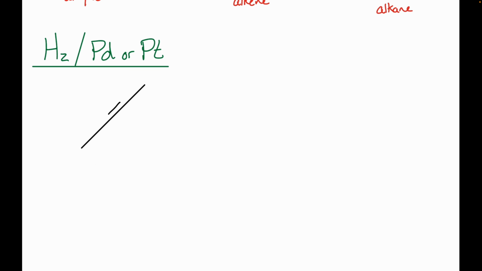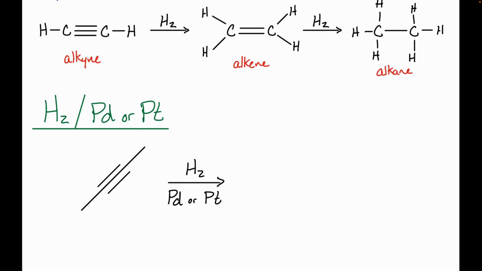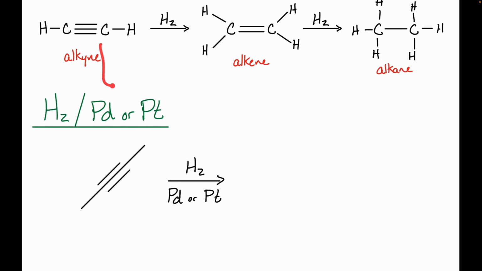If we take an alkyne and we treat it with our hydrogen in the presence of palladium or platinum, this method here is a very strong hydrogenation method. You will hydrogenate to an alkene, but you won't be able to stop there.